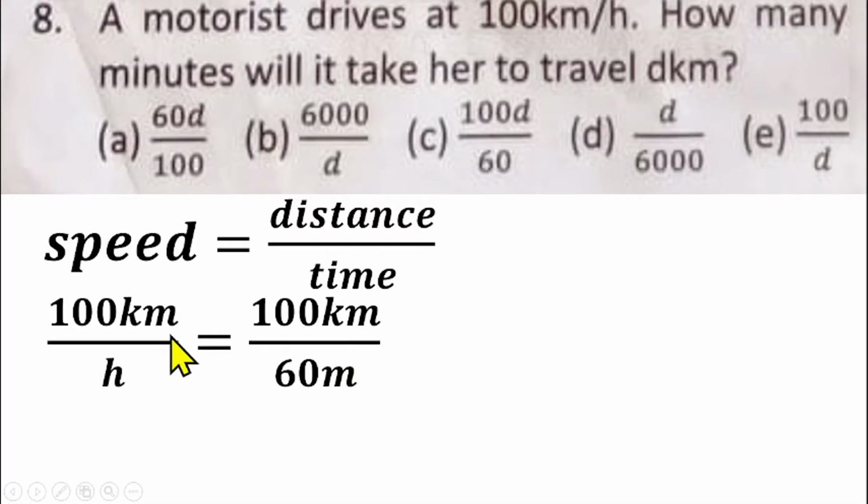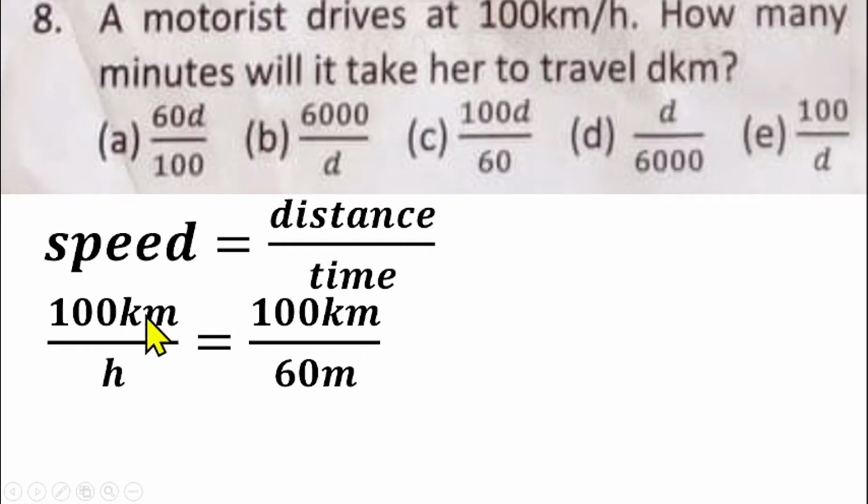So what can we do? We are given the speed, which is 100 km/h, equals the distance over time. The speed is given to us in km/h, but the question says you should leave the answer in minutes, so you need to convert this km/h to km/minute.